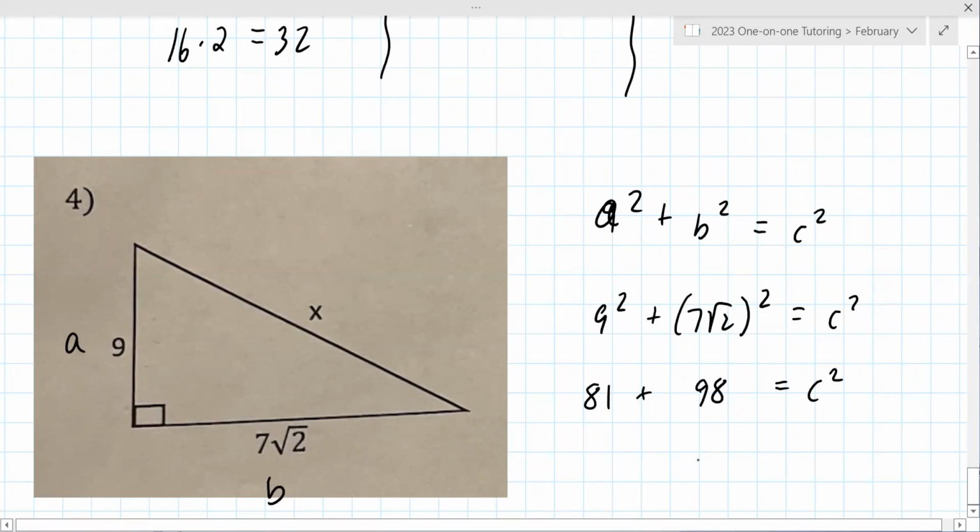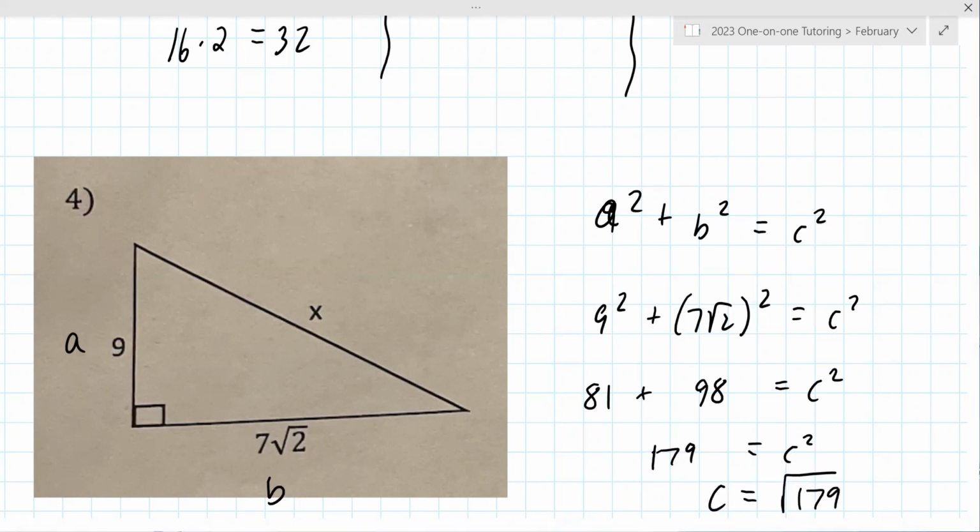That is going to be 179. Very good. So when you take the square root, it's the square root of 179, and that is your final answer.